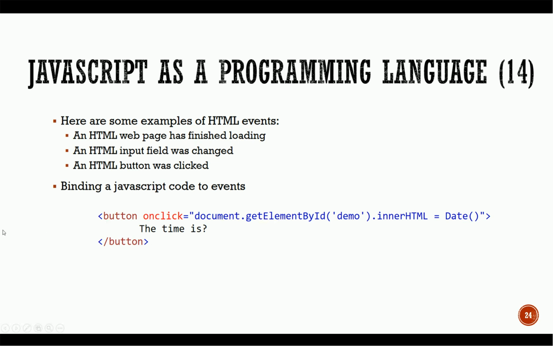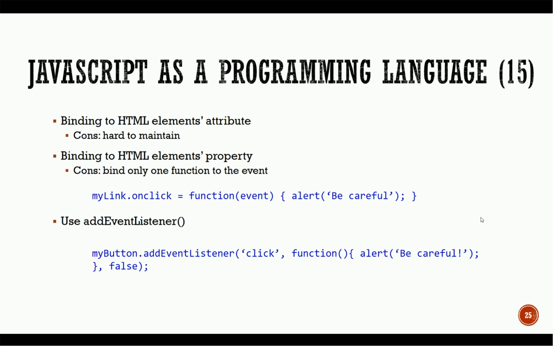In this example, the JavaScript code changes the content of the element with the ID demo, and it will display the current date. The disadvantage of this approach is that it makes your JavaScript code hard to maintain.